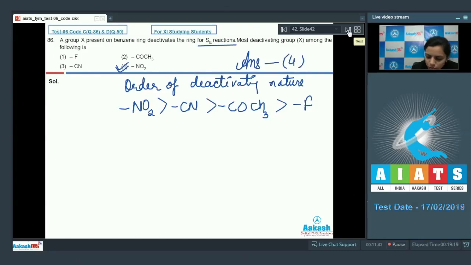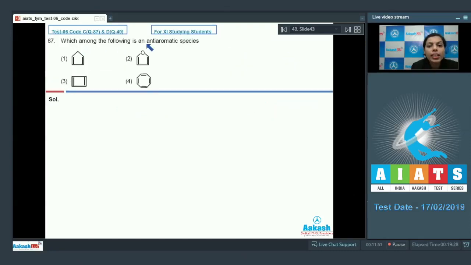Let's take next question. Which among the following is an anti-aromatic species? We have different species. And here, if you look at option 3, you will see that this is a planar molecule with 4n pi electrons.